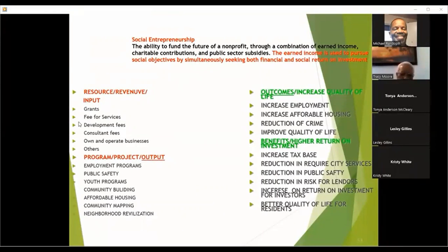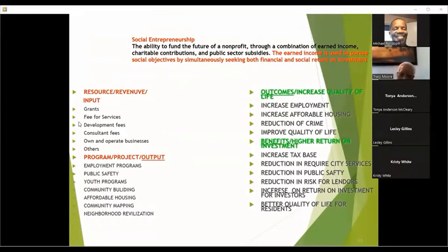Earned income is anything that's not charitable or anything that's not coming from the public sector. Earned income is those things or services that you do that you get paid for. That's what we call earned income. Let me do this all over again because it's so important.